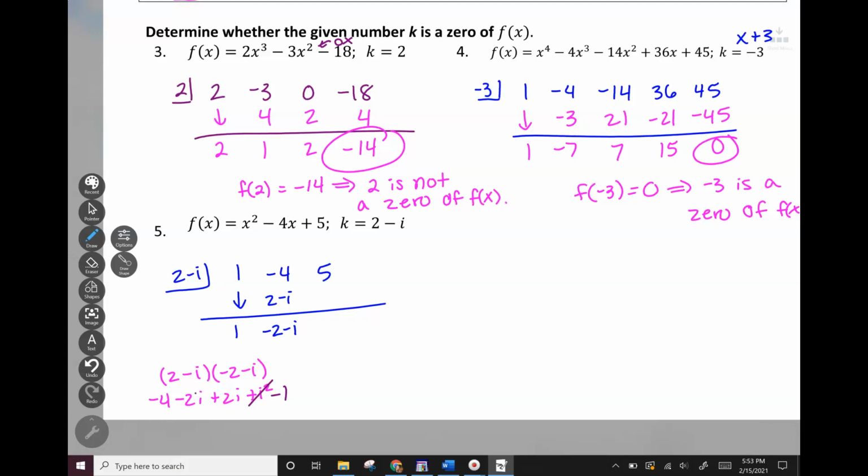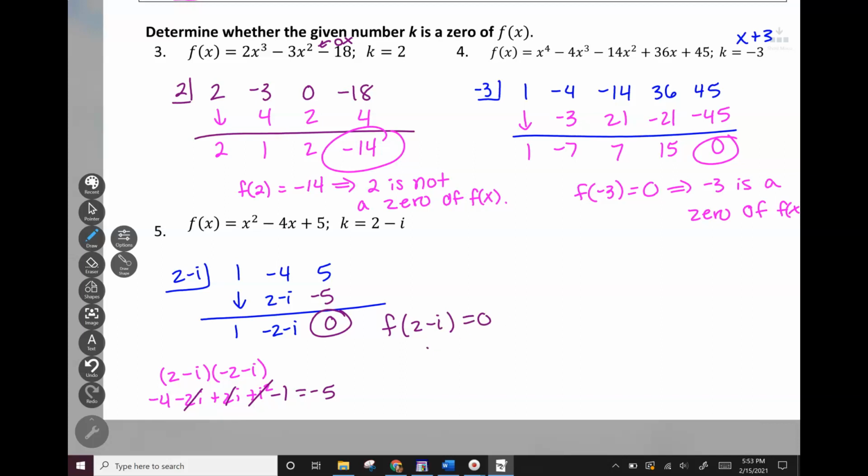All right, so that simplifies. We've got -4 minus 1 is -5. My -2i plus 2i cancels. So this gives me -5. Now 5 minus 5 is 0, so my remainder here is 0. So what you're saying is f of 2 minus i equals 0.